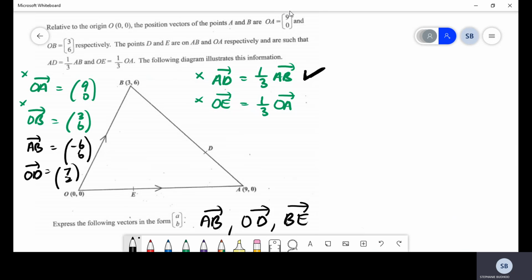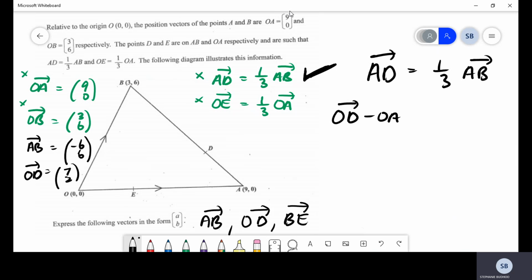What about if we consider this bit of information by itself? We have AD is equal to a third of AB. But we also know that AD, if you use the vector rule, you can split that up into OD minus OA being equal to a third of AB.